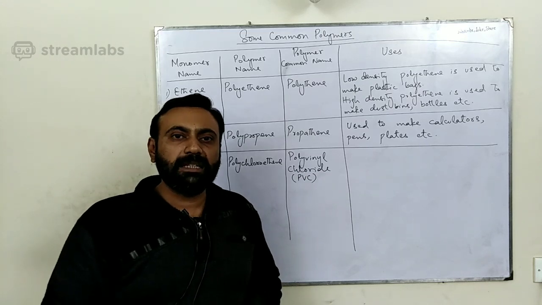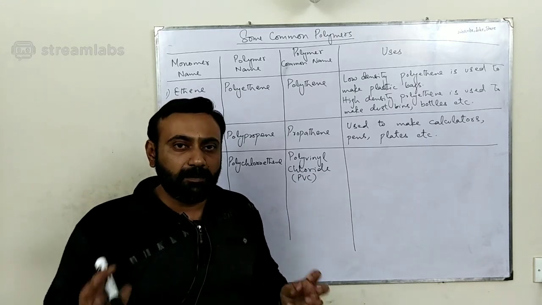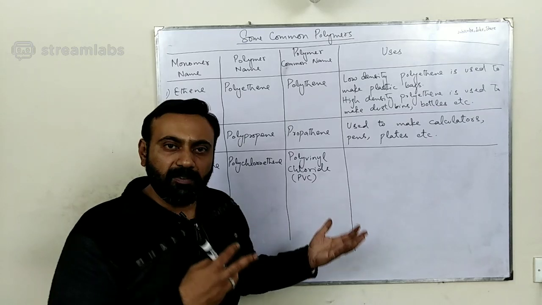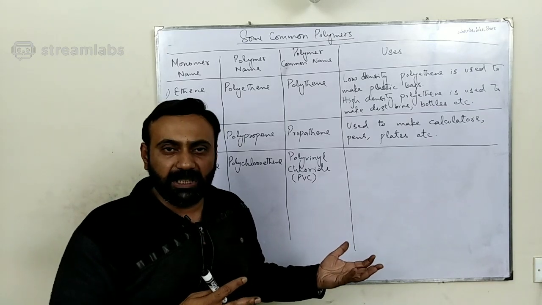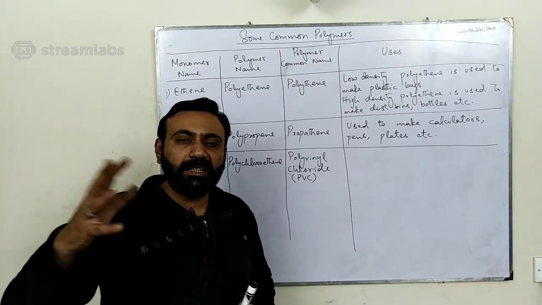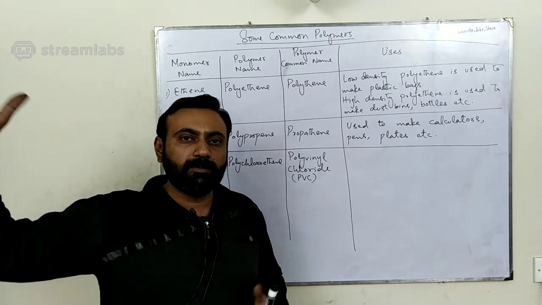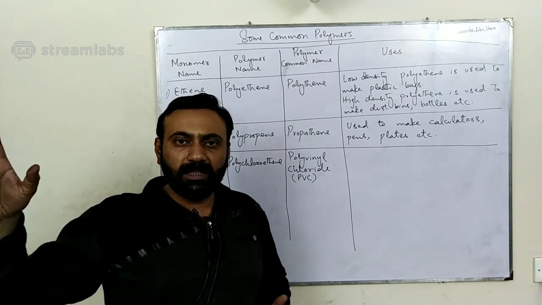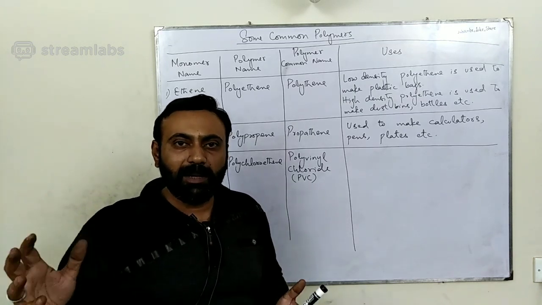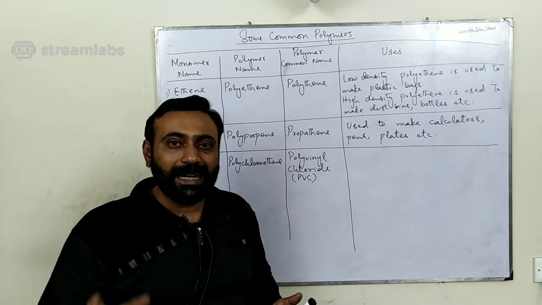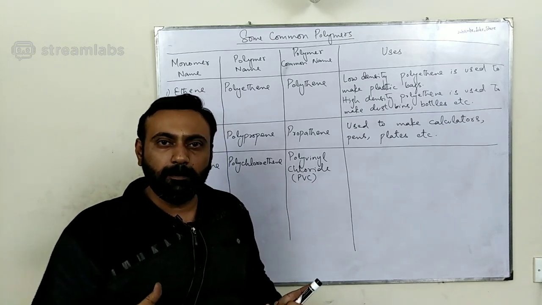So all the plastic water pipes are made up of PVC. And the water tanks that you see on the rooftops, there are two types of such tanks. Some of them are cemented and the other ones are made up of plastic. That plastic is PVC, polyvinyl chloride.